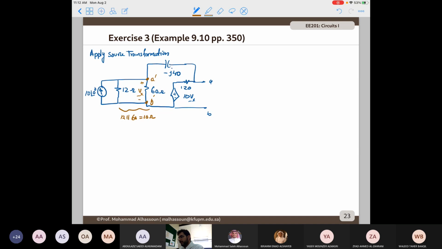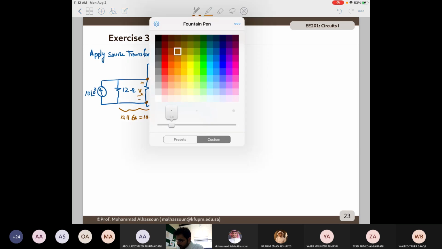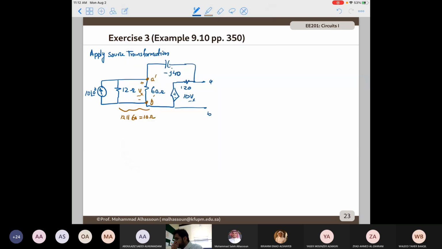So this is still Vx. If you apply source transformation, you will get 10 in parallel with current source. So this is going to give you 100.